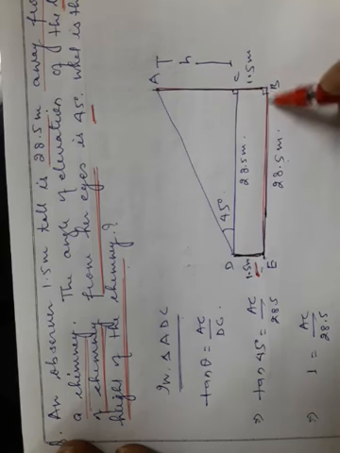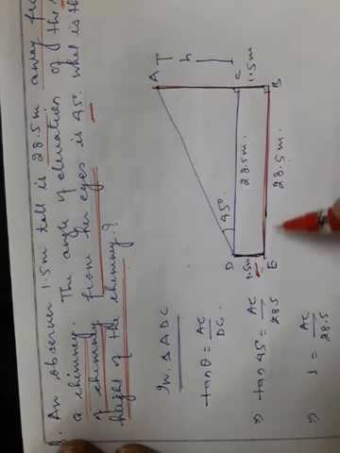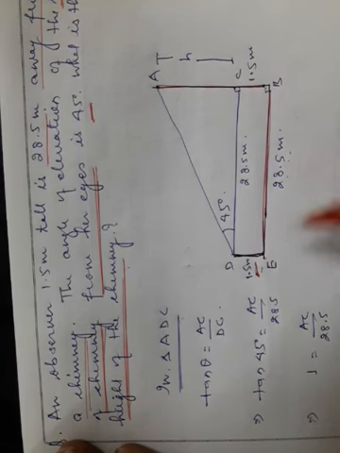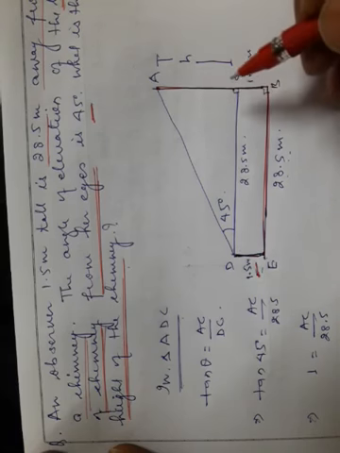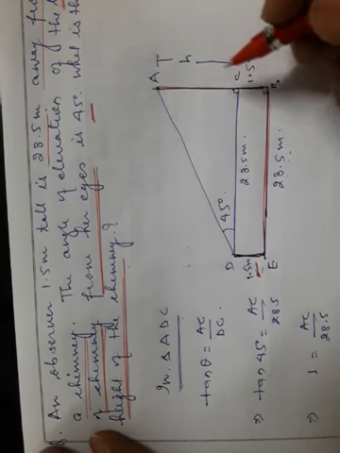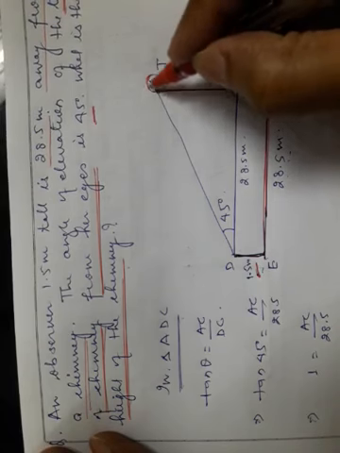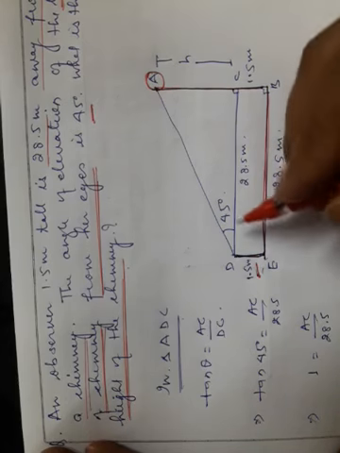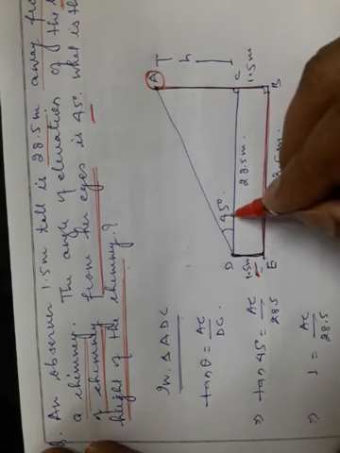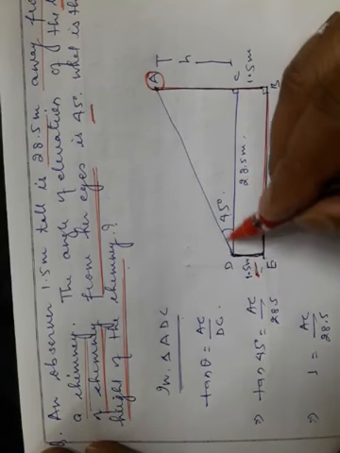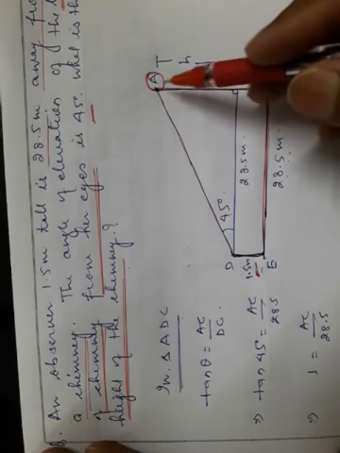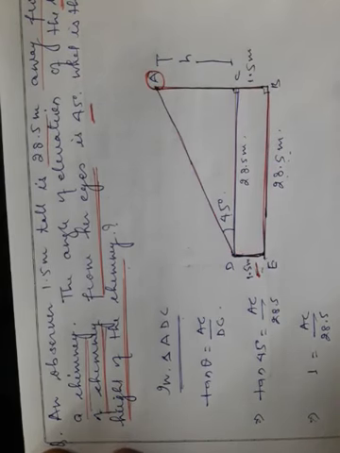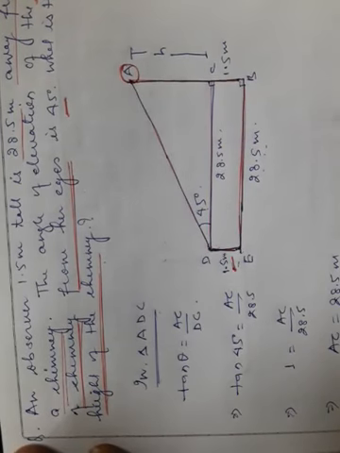This line shows the observer's distance from the chimney. Next, the angle of elevation of the top of the chimney. The top of the chimney is at A. From the eyes of the observer, that means from D, it is 45 degrees. So I joined D to A. It shows that angle ADC is 45 degrees. Then what is the height of the chimney?